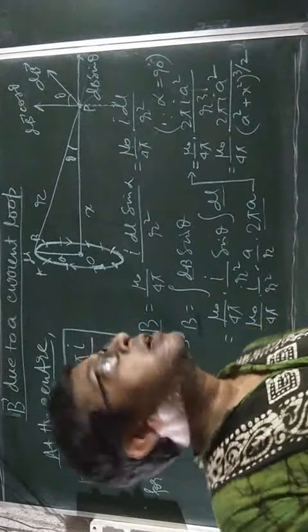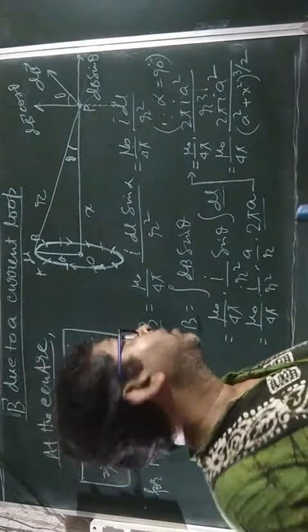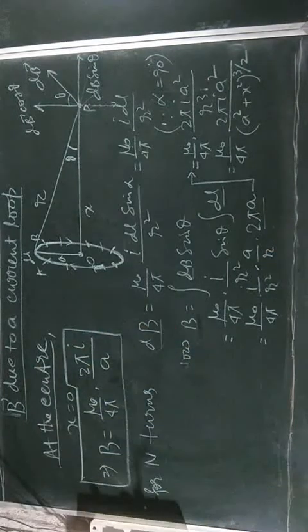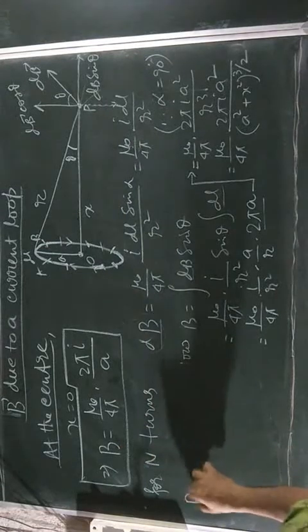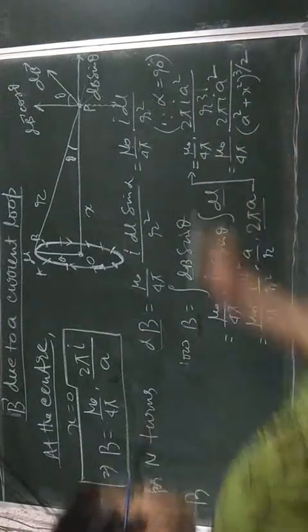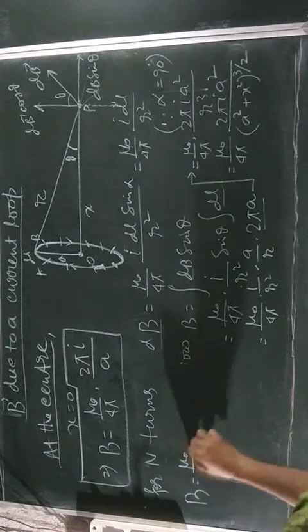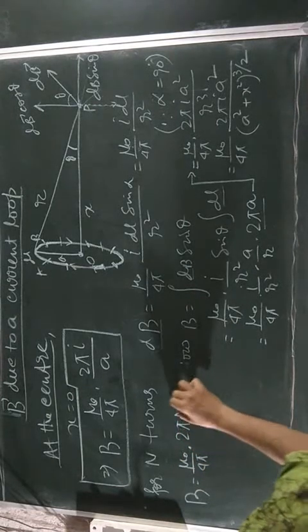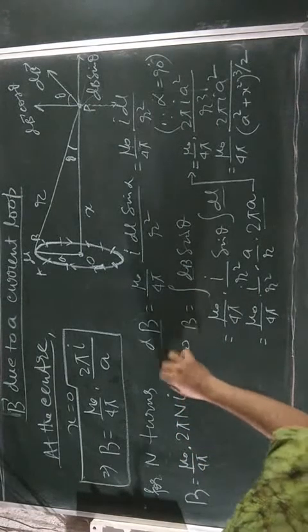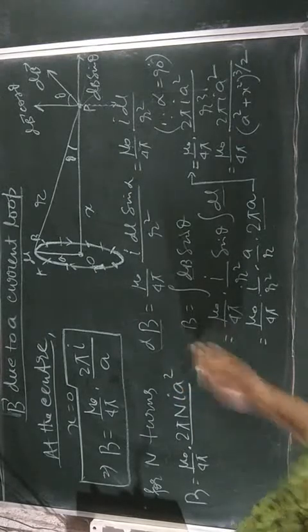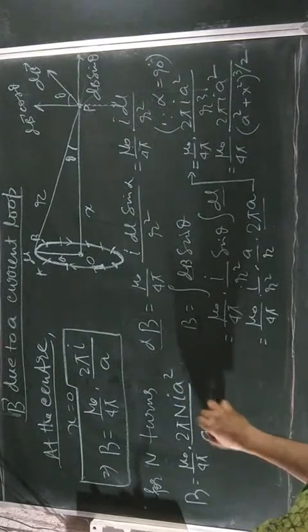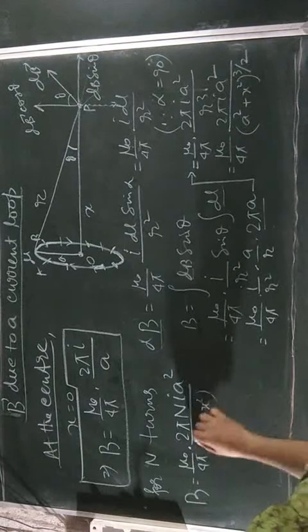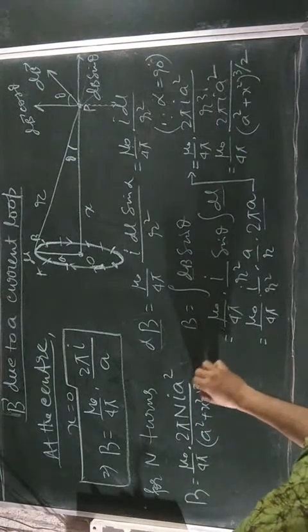In armature there are many turns, and if there are n turns, then this expression will be mu naught upon 4 pi, 2 pi n I a square upon a square plus x square to the power 3 by 2.